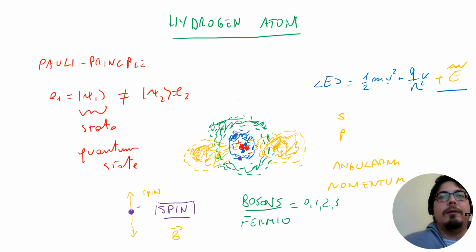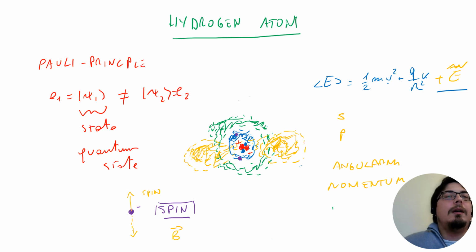While bosons, as we saw last time with laser light, you can have as many photons as you want in a laser beam. In a very narrow beam, you can have many photons of the same kind, and they like to bunch with each other. Fermions don't. And in fact, we can have two electrons in the lowest energy level, one with spin up and the other with spin down.